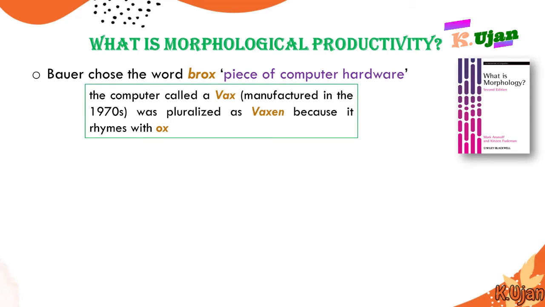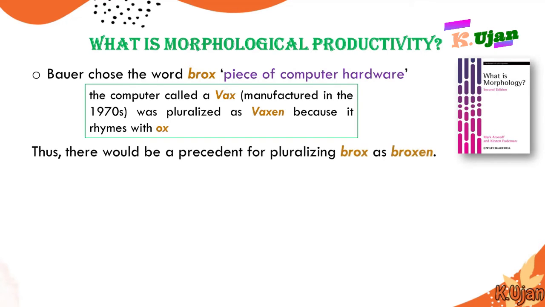So he says about Brox, thus there would be a precedent for pluralizing Brox as Broxen, giving the logic of VAX, we are creating VAXen. So Brox, Broxen, it is possible. And this pluralizing is actually morphological productivity.